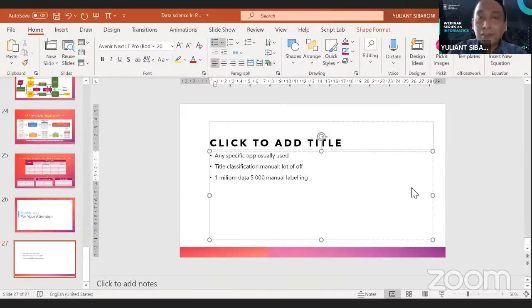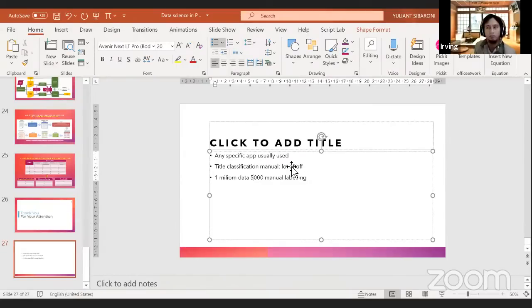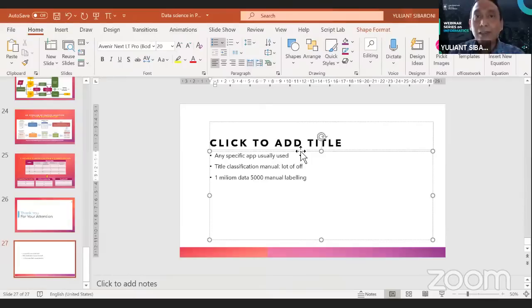One technique used in this case is a method like k-nearest neighbor. After we manually label 1,000, the rest, about 999,000 data, we can label automatically using a method like KNN, for example.